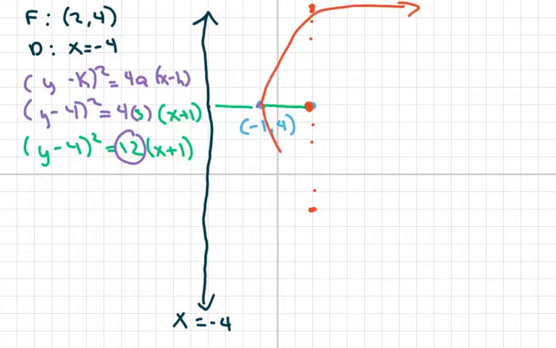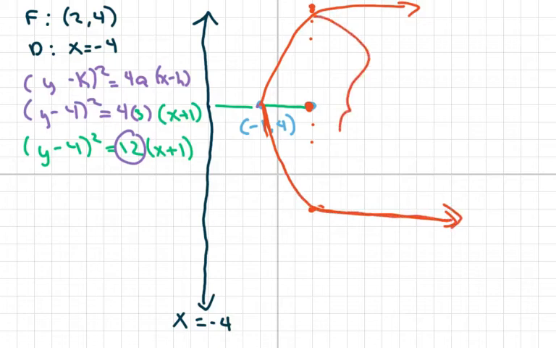Because the length, this whole length has to be 12. So use your imagination here. And there is the graph. I'm going to fix that a little bit. Something like that. This whole length here is 12. So I went up 6 and down 6.